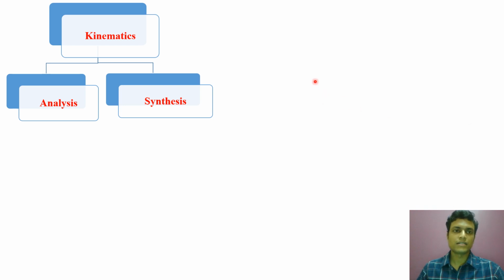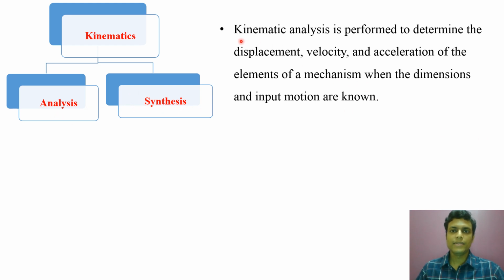So let us start. The subject kinematics is involved in two activities. One is analysis and another one is synthesis. What is kinematic analysis? Kinematic analysis is performed to determine the displacement, velocity and acceleration of the elements of a mechanism when the dimensions and input motion are known.